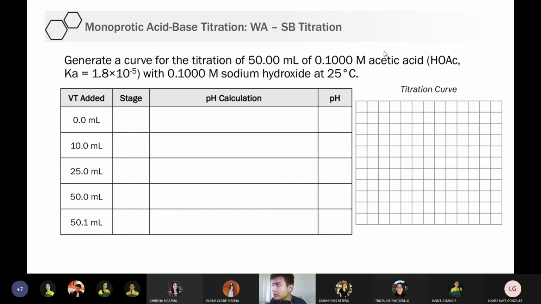Sige, let's continue. Ano gagawin ko? Alam ko na, this is WASB. I know the corresponding equation. Susunod, hanapin si VTEP, the volume of titrant at equivalence point. How? If you could still recall last time, we assume that at equivalence point, the mole of titrant is equal to the mole of analyte. We express the moles in terms of molarity and volume.